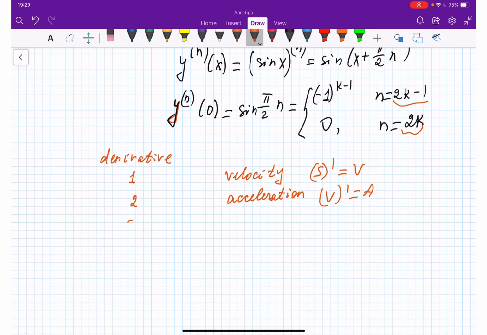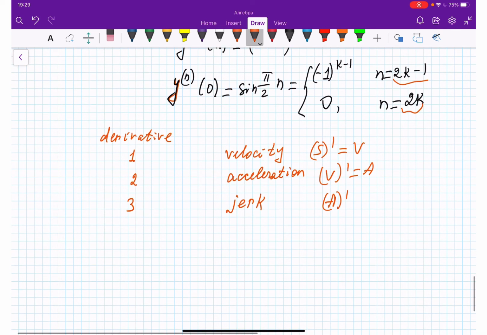And the third degree derivative is going to be jerk, when you jerk the car. It's the rate of change of acceleration. It's going to be a prime. And the fourth one is going to be snap. When you are snapping the car, that's what it's going to be.